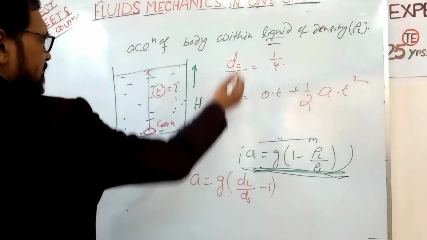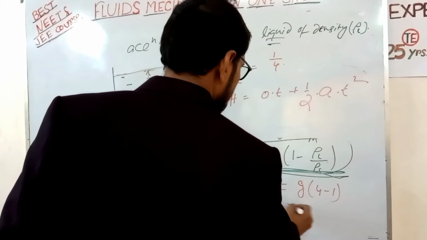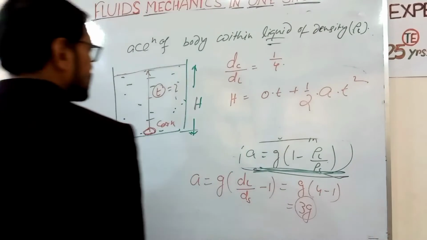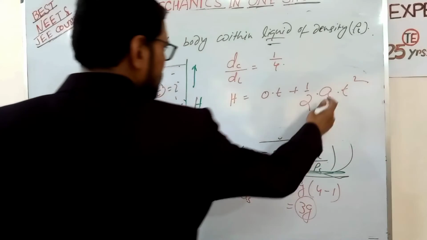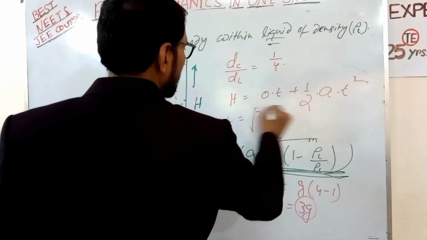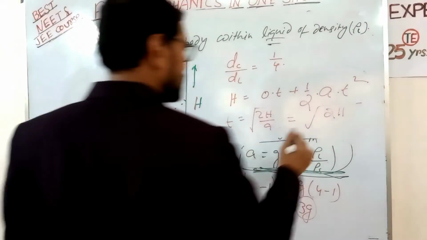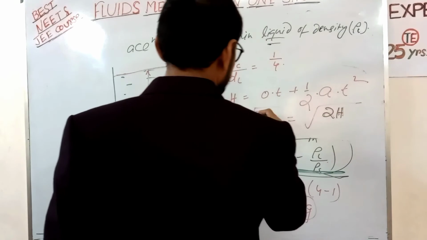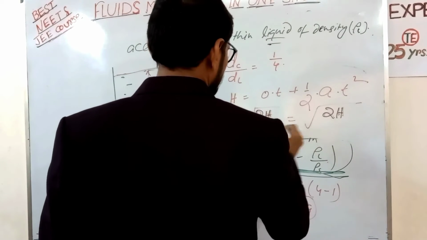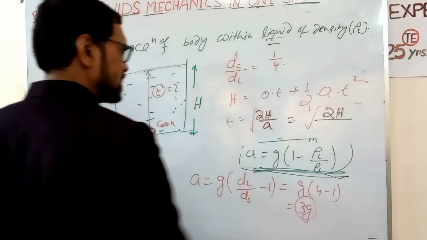Now dl by ds equal to 4. So g into 4 minus 1, that is 3g. So we use a equal to 3g. So t equal to root over 2h by a, where a equal to 3g.